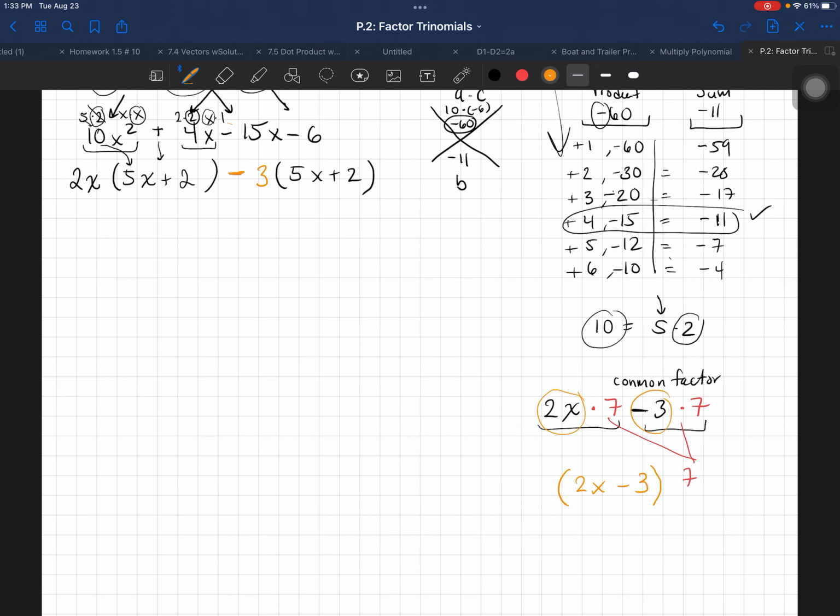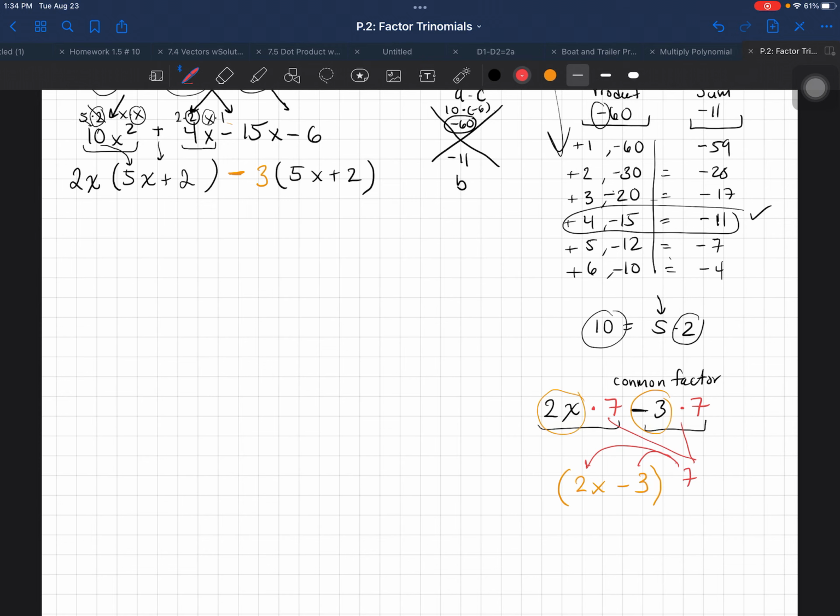Why do we need to group them together? Because in order to go backwards, you need to distribute this 7 to both of them. It's just undoing the distribution. Factorization is the process of going backwards in a distribution. So always remember to put parentheses when you are factoring something out.